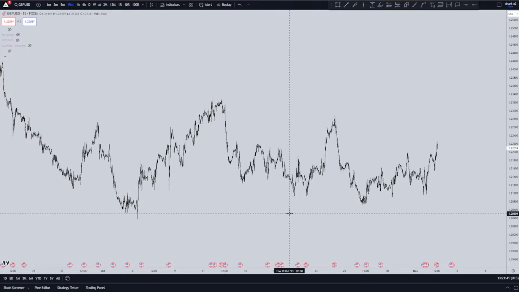And the answer is simple, that's liquidity. Liquidity is like fuel for the car. Big banks need the opposite side. What is the opposite side? Retail stop losses. They need your stop losses to fill their positions so they can reverse.